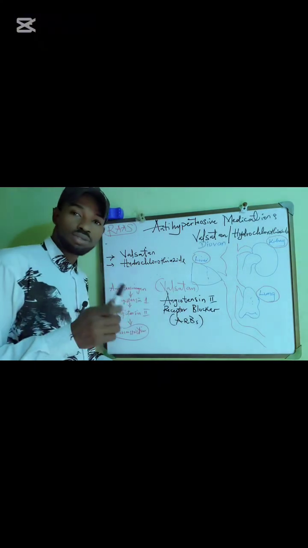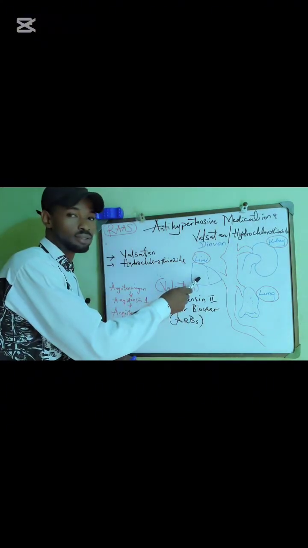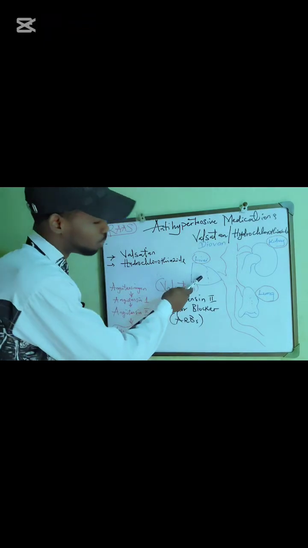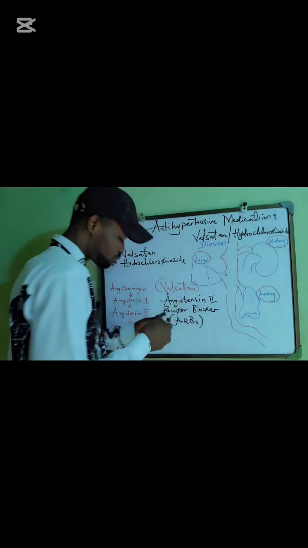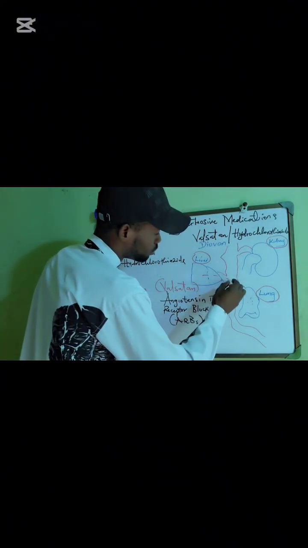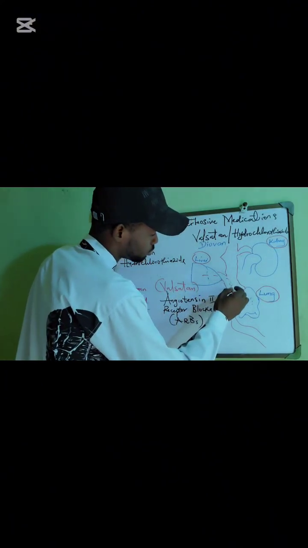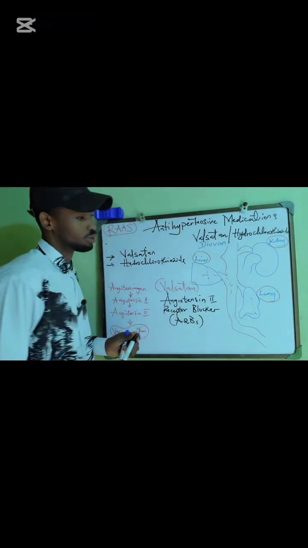Angiotensinogen is produced by the liver. So here is the liver. And when it is produced by the liver, it flows from the liver into the bloodstream.